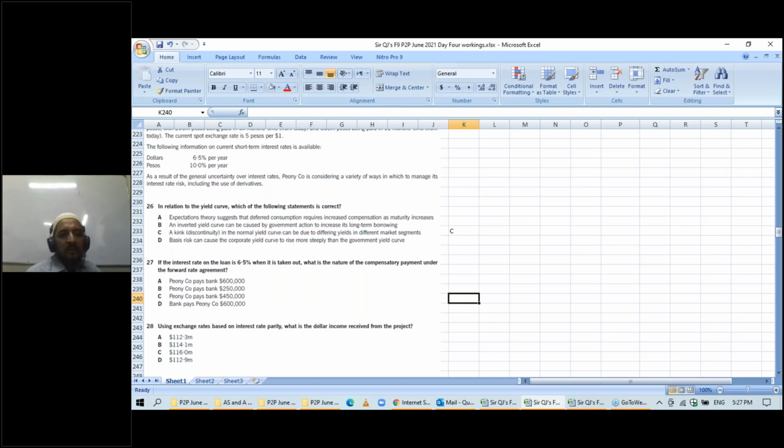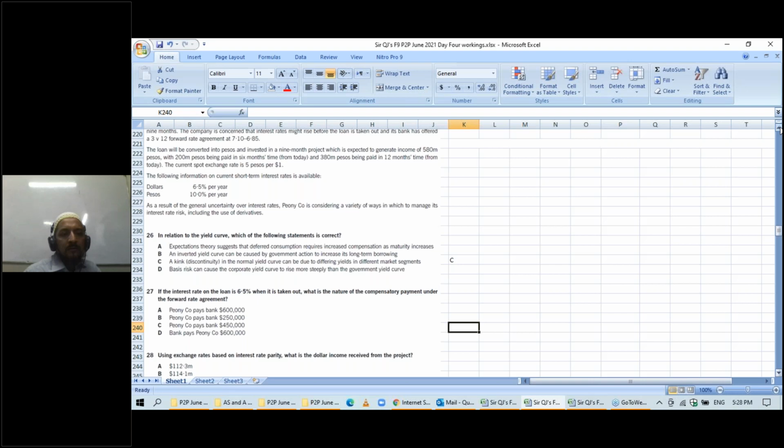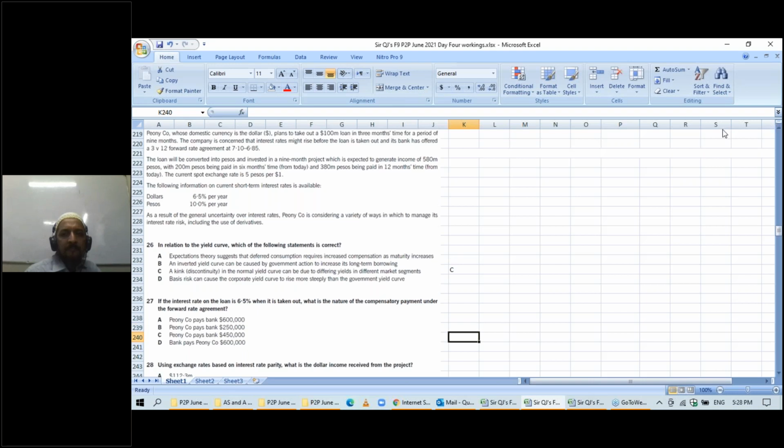Okay, so the next question over here is 27. This is again on FRA. In this case, the rate which has been agreed on the FRA and the time of the borrowing is as follows. So the higher rate is 7.1.